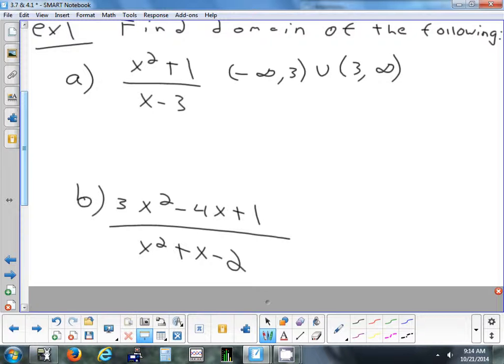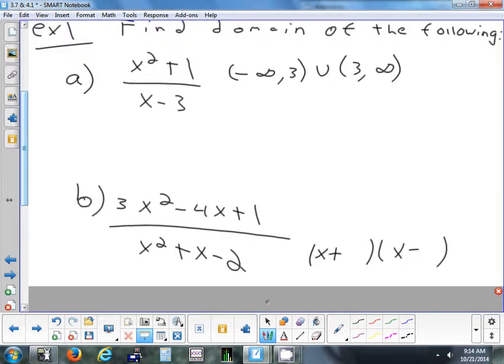Factor it? Yeah, let's factor it. So it's going to factor into x and x. Taylor, what will my signs be when I factor x squared plus x minus 2? Well, remember, you have to multiply two numbers together and get a negative, so it'll be a plus and a minus.